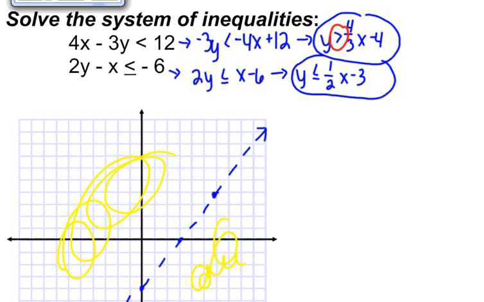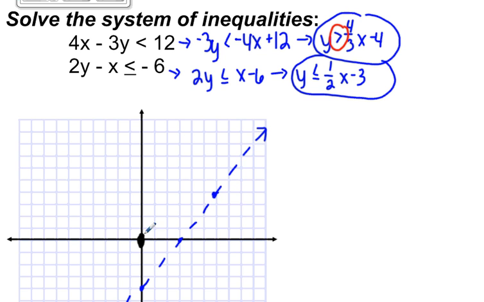So in order to do that, we need to test a point that is not on our line. So I'm going to test the point 0, 0, since 0, 0 is not on the blue line that I have just drawn.